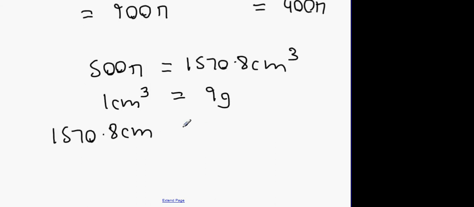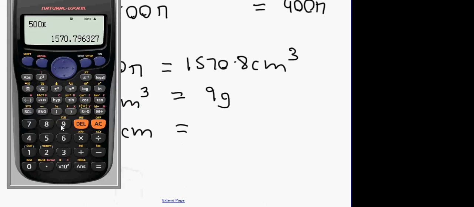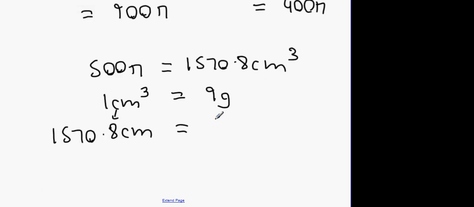How many times heavier? 1570.8 times. That's how much bigger it is than 1 centimeter cubed. So we're going to take 9 and multiply it by 1570.8, and what we get is 14,137.2.